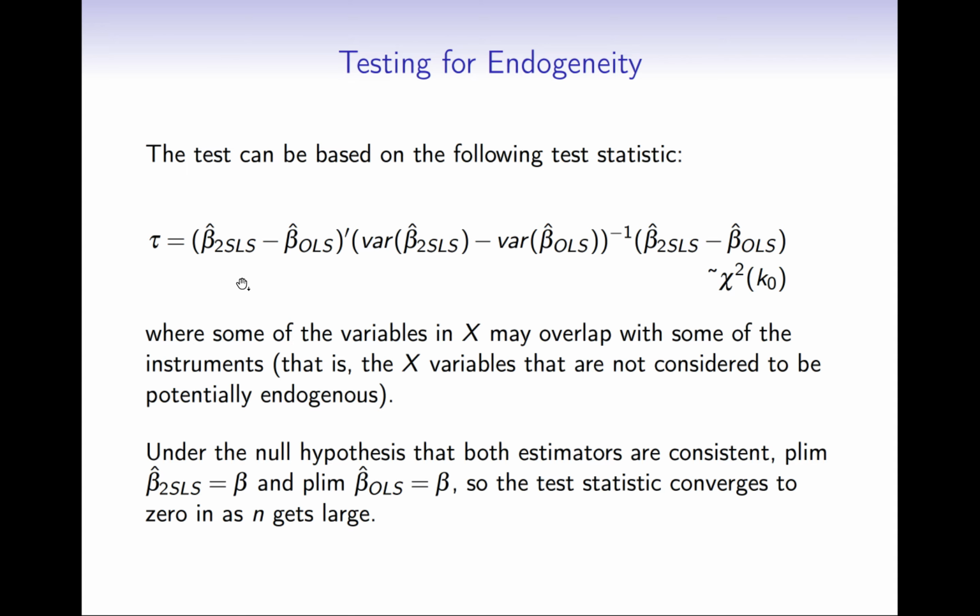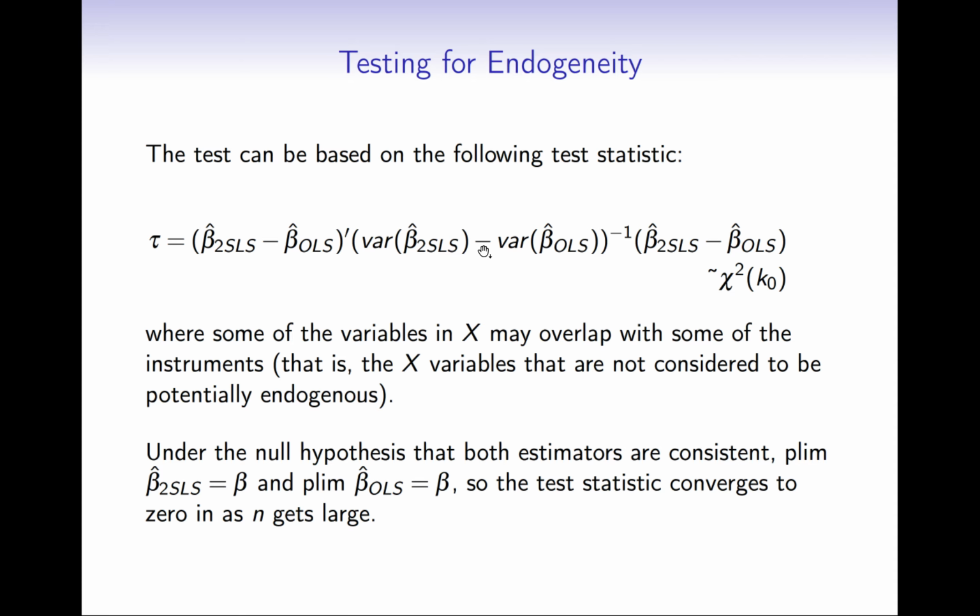So let's look. Under the null hypothesis that there's no endogeneity problem, both of these are consistent. This converges to beta, this converges to beta, and the difference converges to 0. If this is efficient under the null, then this variance is going to be bigger than this, because this has the smallest variance, so this is going to be something positive.